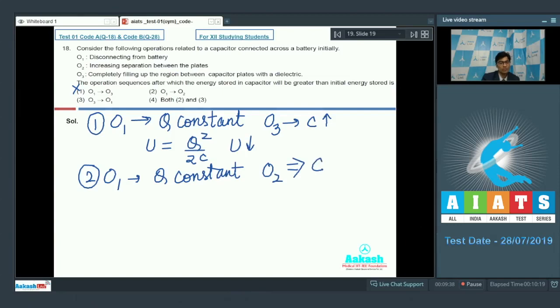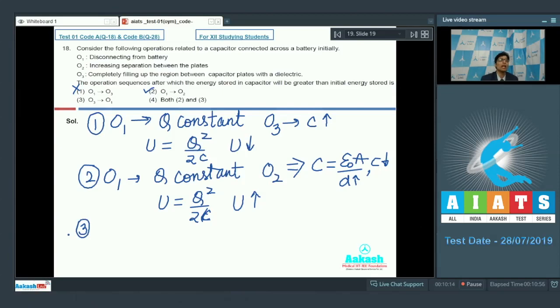Now we know that capacitance is equal to epsilon naught A by d, so if A remains constant and d is increased, the capacitance would decrease. Now dear students, we can write energy to be equal to q square by 2C. Because the capacitance is decreasing, we can easily say that the energy should increase. So option 2 can be one of the answers. Now let us proceed and analyze option number 3.